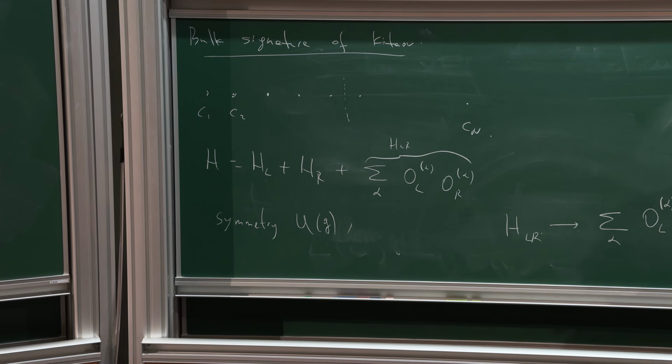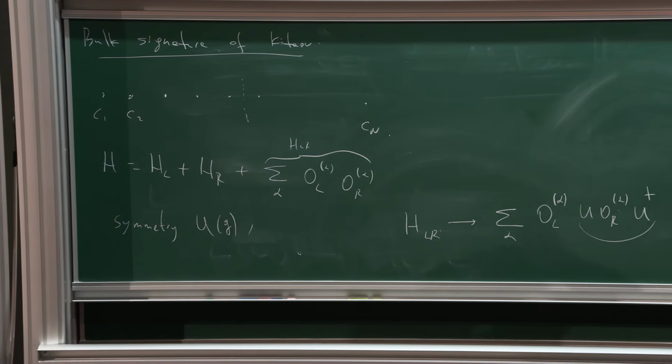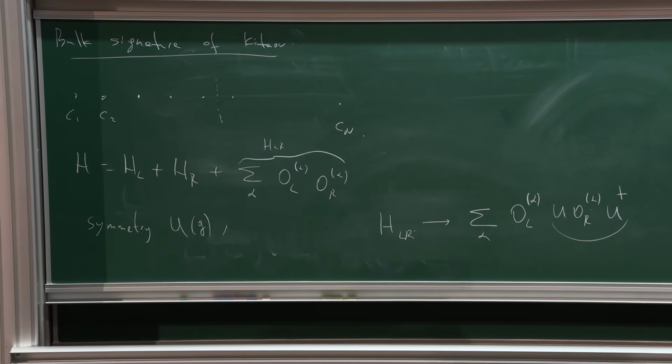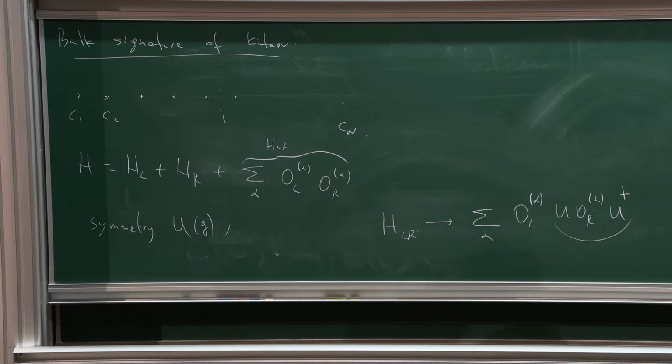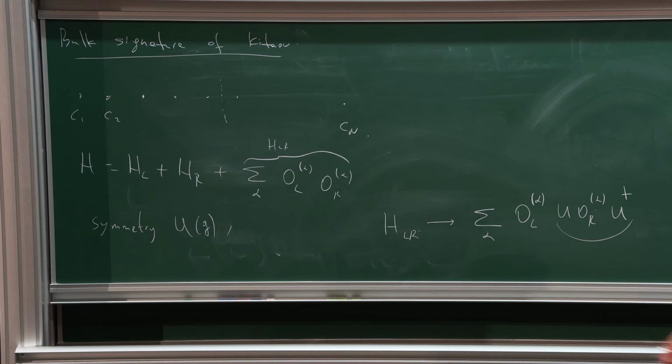And because U is assumed to be an on-site symmetry, this conjugated operator also lives just on the right side, acts only on the right side of the system. So it's of the same form that we started with.